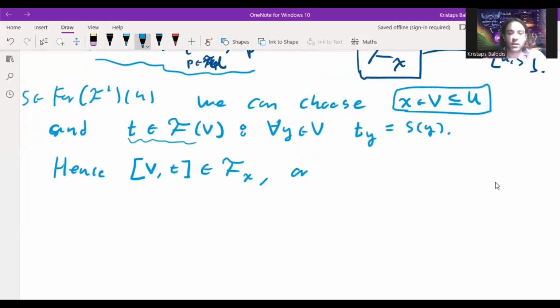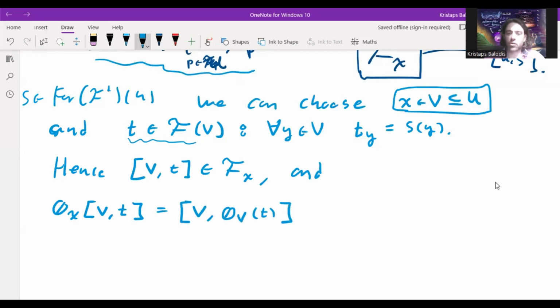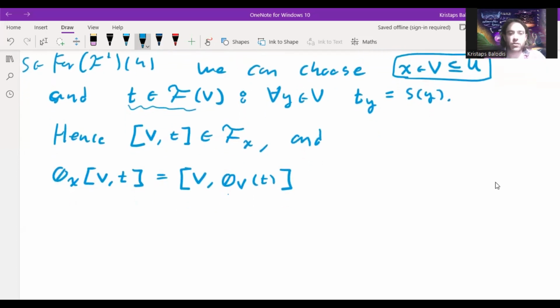And if I apply my localized map to this germ, well, what is it? By definition, this is theta V of t, right? But now theta V of t is a function, and in particular, if I evaluate that function at some y, well, by definition, the definition that we took of theta V, that is just going to be the germ of t at y.